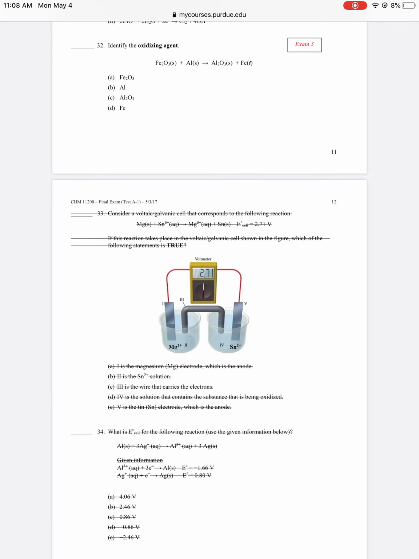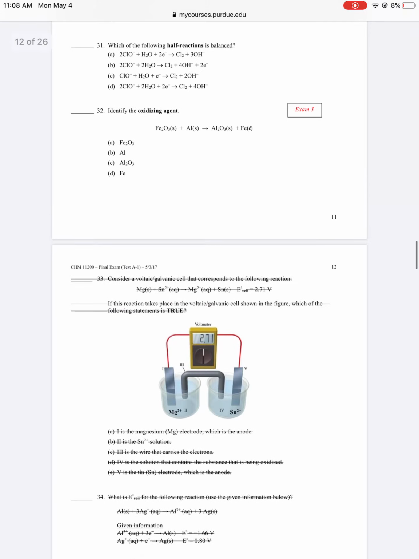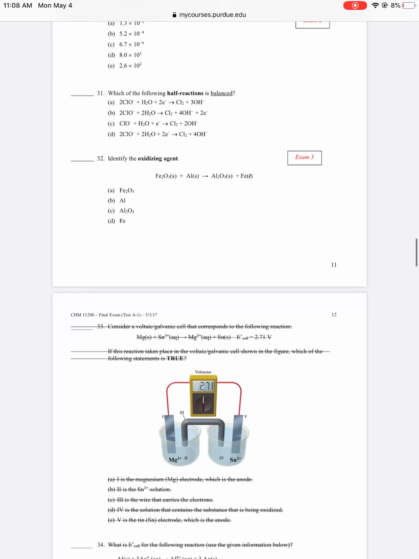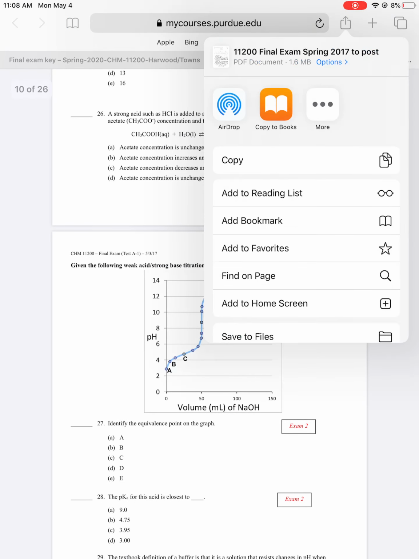The oxidizing agent. Well, email me if you come across why. Email me when you figure it out, and sorry, I don't have the answer. If you email me, I will figure out the answer. If you do know what the issue is, then good job.